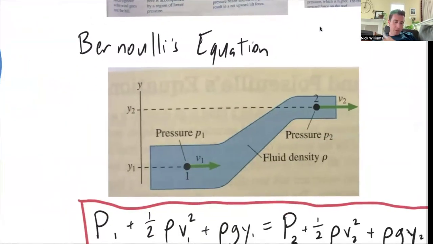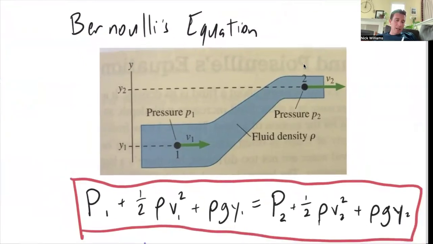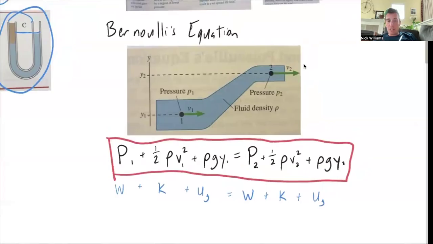Okay, so this introduces Bernoulli's equation. And oh boy, is this a doozy. This one is given in your physics everything sheet, your physics cheat sheet. But it basically takes a look at two objects. An object in a tube that has a different thickness and a different height and a different pressure.